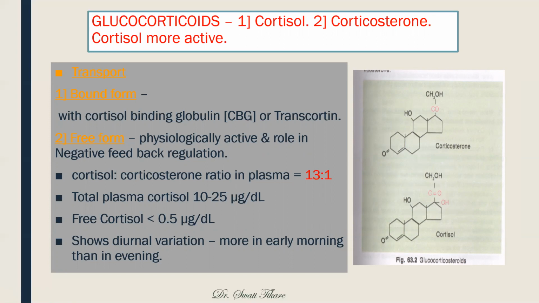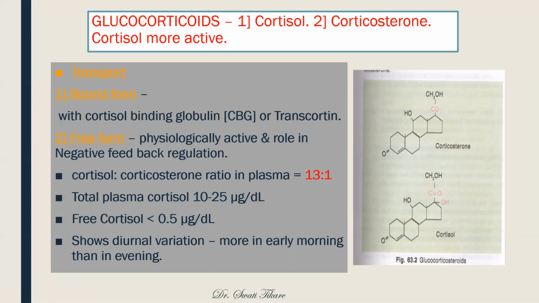Cortisol is present in greater amount in the ratio of 13:1. The total plasma cortisol is 10 to 25 micrograms per deciliter, whereas the free cortisol is always less than 0.5 micrograms per deciliter.